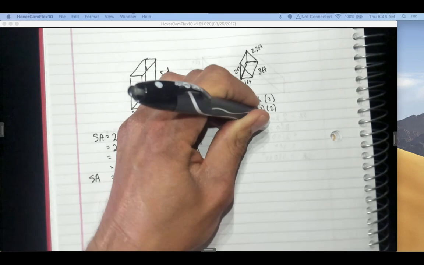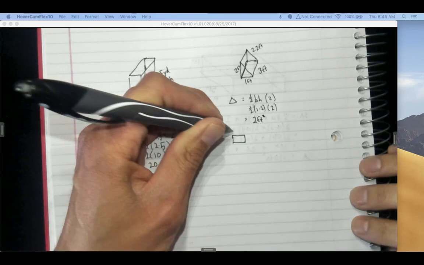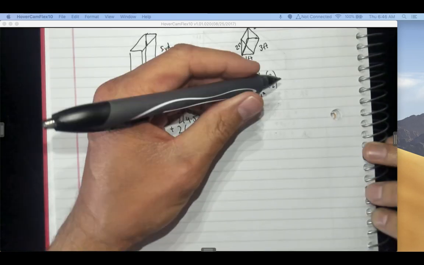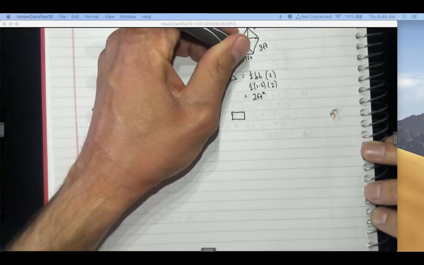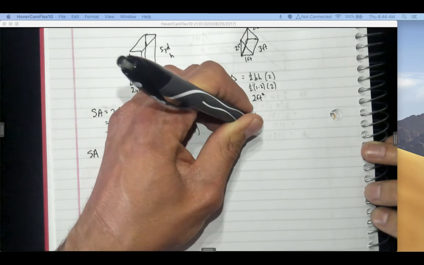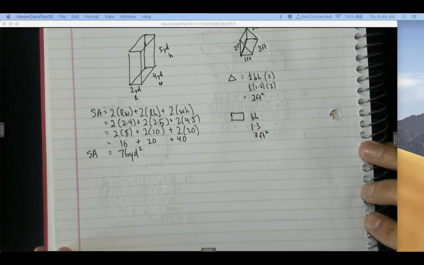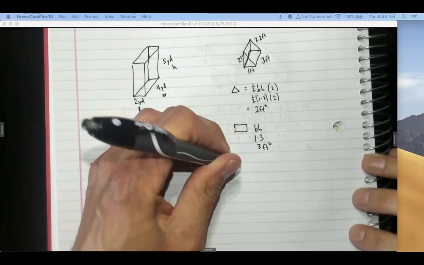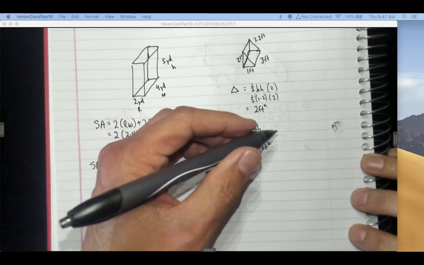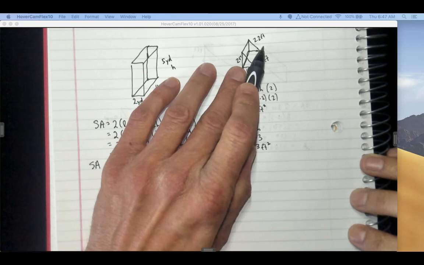And so rectangle number 1 would be, let's say, the base one, the bottom one. So it'd be base times height, or 1 times 3, or 3 feet squared. Okay. Rectangle 2 would be, let's see here, the flat one going on the top here, and it would be base times height, or 3 times 2.2 feet.